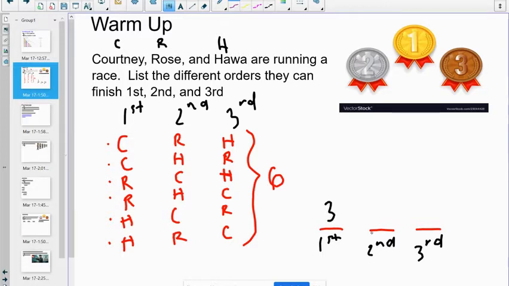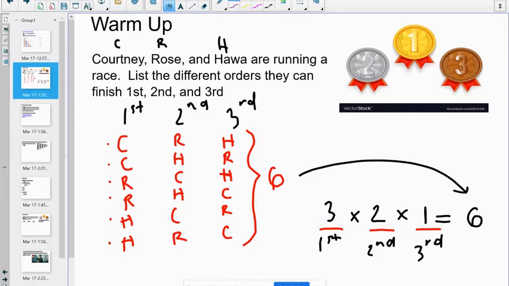But now for second place, if someone has already gotten first place, there's only 2 people left that could get second place. And last but not least, for third place, if you've already assigned a first and second place, there's only 1 more person left for third place. So then with our counting principle, multiply those across, you get 3 times 2 times 1, 6. So those are matching up.